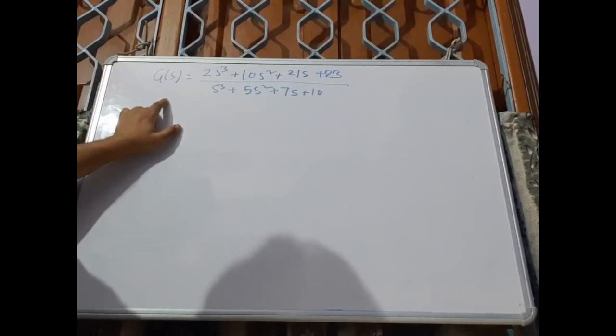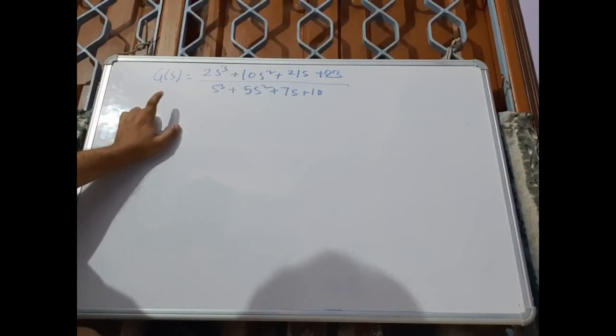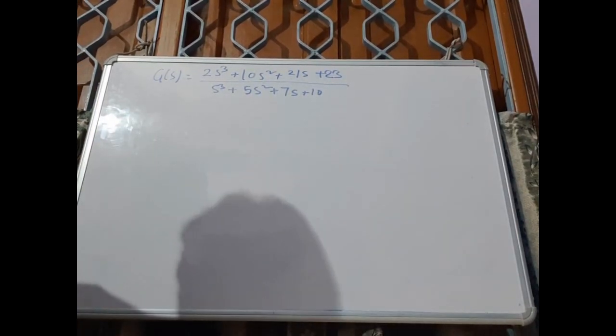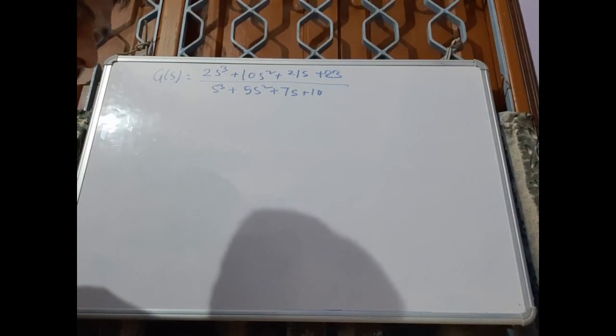Take an example, G(s) equals 2s cube plus 10s square plus 21s plus 23 divided by s cube plus 5s square plus 7s plus 10. In this problem what we need to obtain is the signal flow diagram and state variable equations.